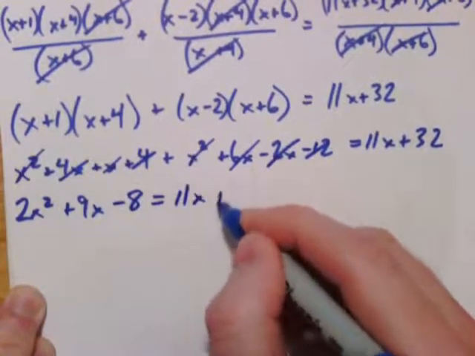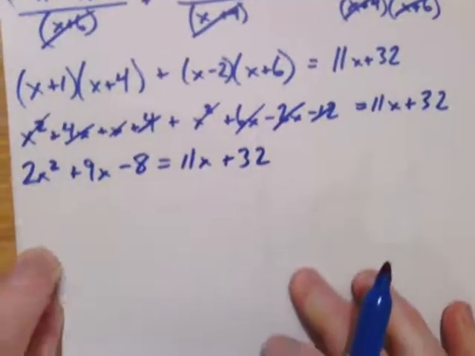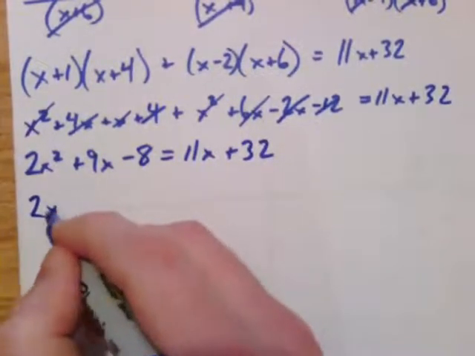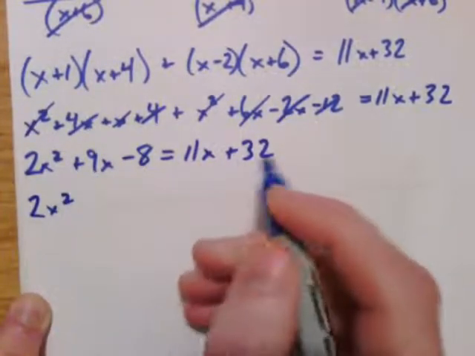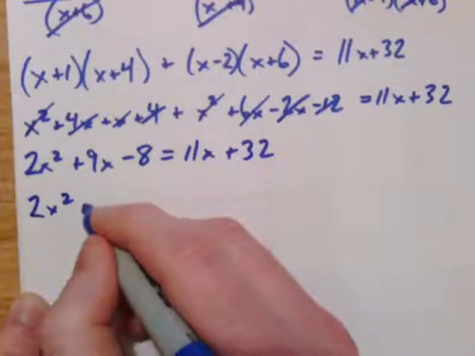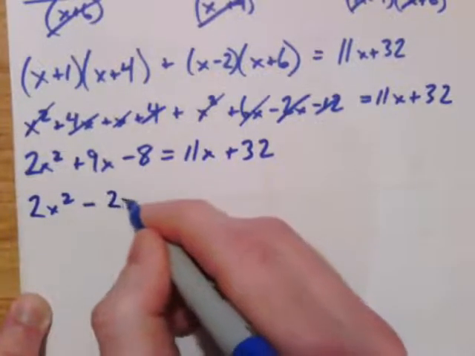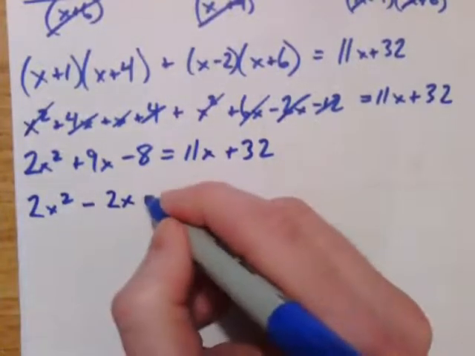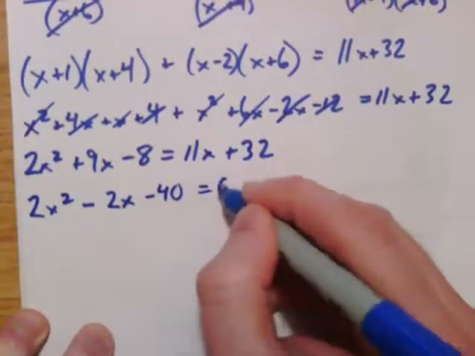Equals 11x plus 32. So I'm going to subtract 11x and 32 from both sides and bring them over here. 2x squared, 9 minus 11 is minus 2x. And then negative 8 minus 32 is negative 40. Equals 0.